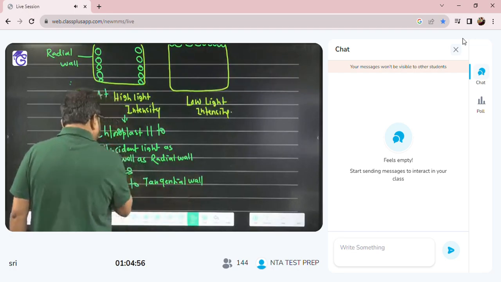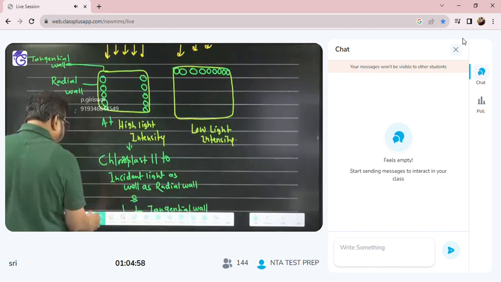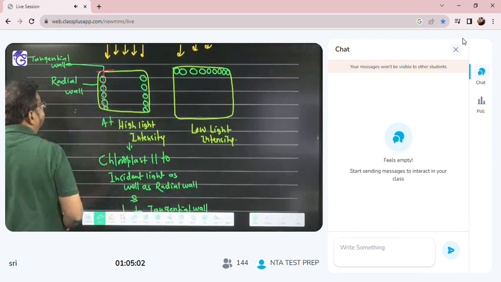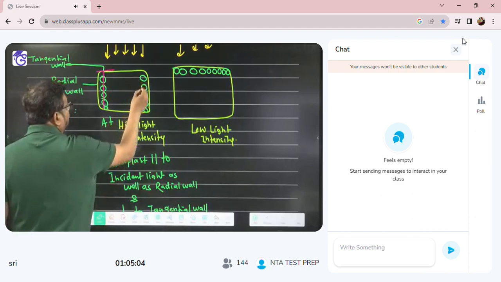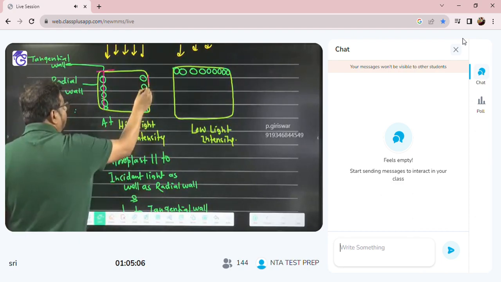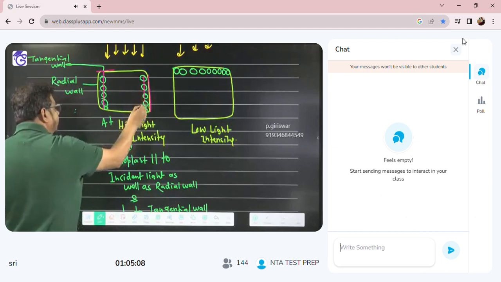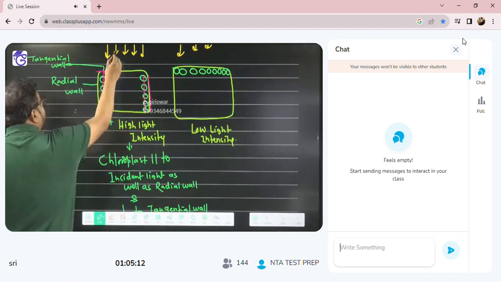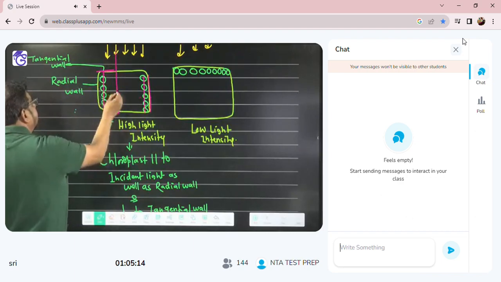So between the tangential wall and the chloroplast, what is the angle? 90 degrees. And between the chloroplast and the radial wall? It is parallel. So with this wall, it is perpendicular. Light is also coming like this, so it is parallel to light also.